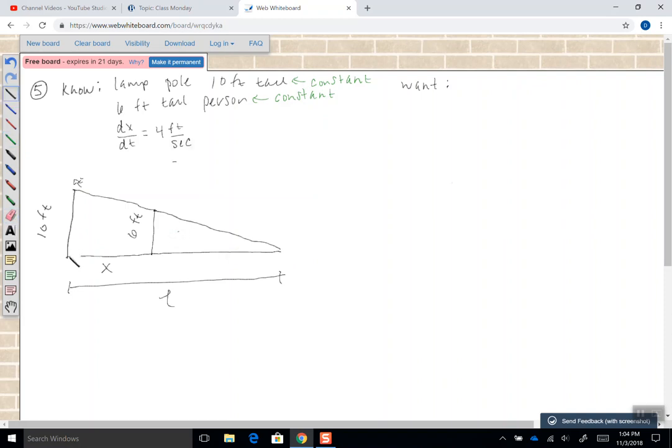Okay, so then I can label this if I want to. Eventually I'll need to, and you'll see why. But this little guy right here, this distance, is going to be L minus x. Okay, that's for later. But either way, we should see that what we actually want to find is what I called L, so dL/dt.